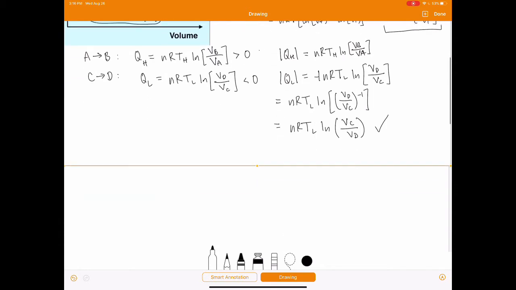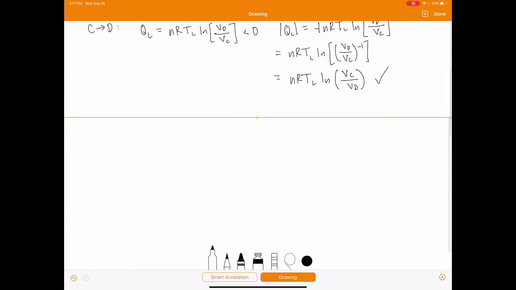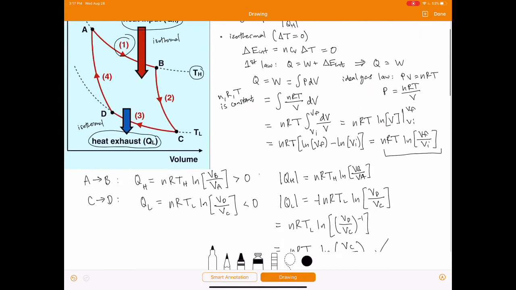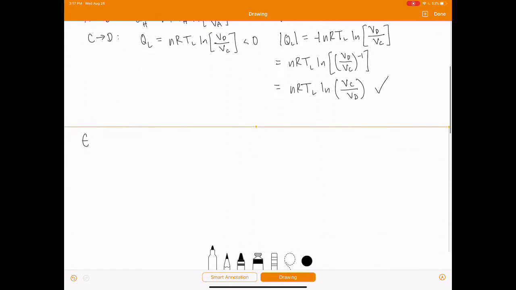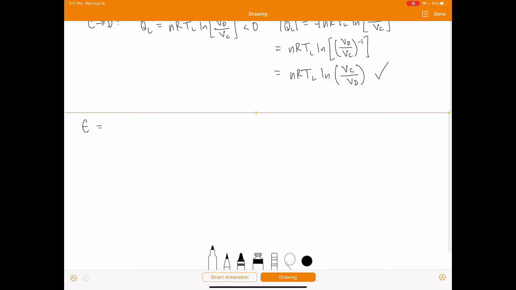And so here's what we have for the efficiency. Remember, it's 1 minus QL divided by QH, absolute values. So I have 1 minus, okay, QL was N times R times TL times the natural log of VC divided by VD.